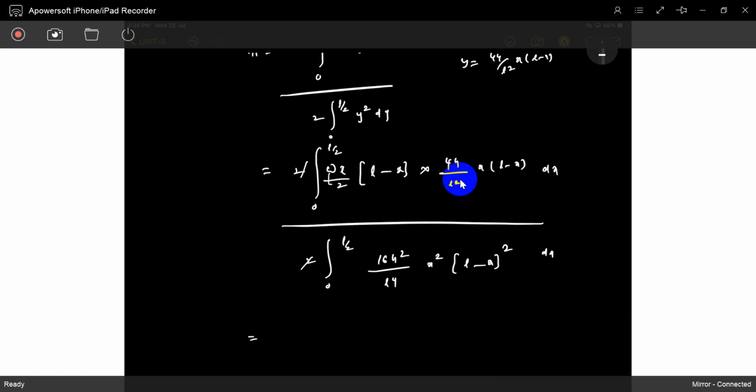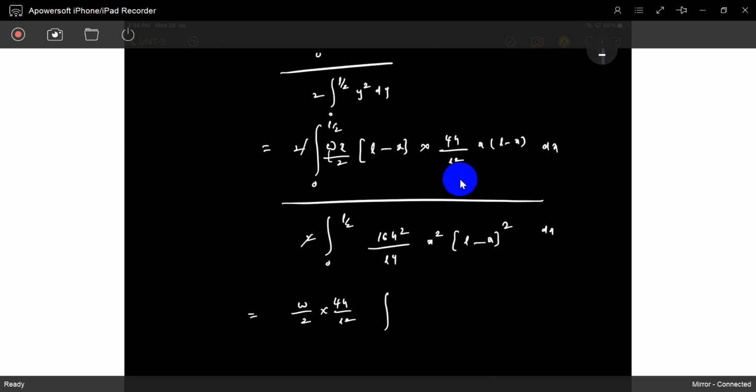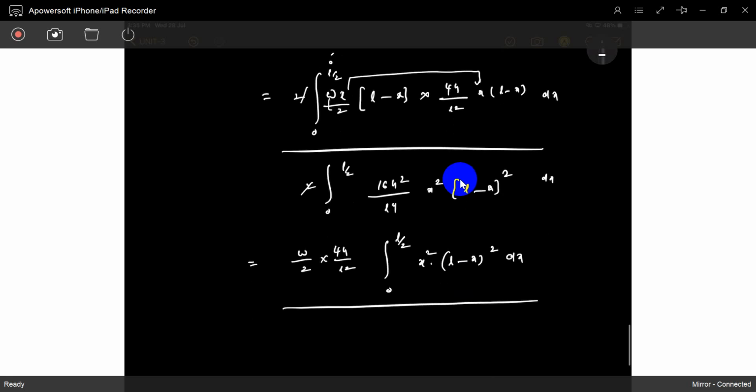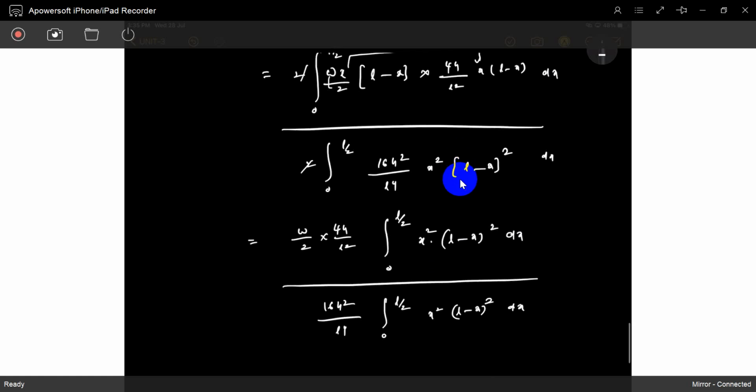Just observe it. W by 2 and 4h by L square are the constants. Then 0 to L by 2, x into L minus x whole square, not only x but also x square, L minus x whole square dx. At the bottom, 16 h square by L power 4, 0 to L by 2, x square L minus x whole square dx. Can you observe it?